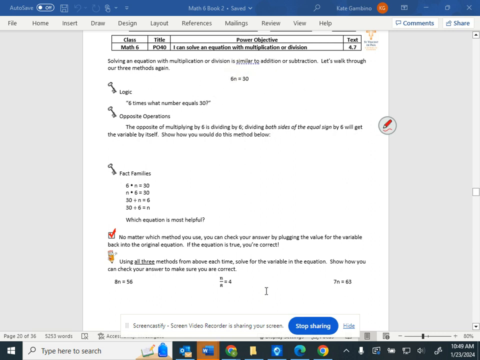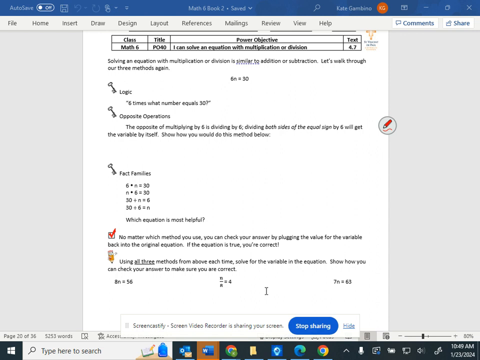So we have 6n equals 30. 6 times n. If we use logic, we would say something like, 6 times what number equals 30?